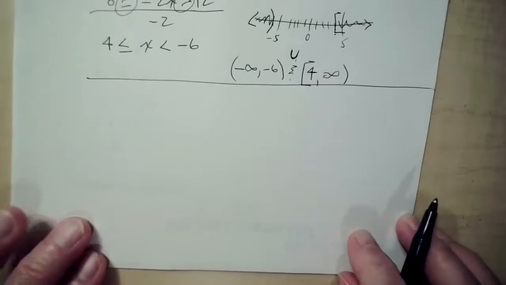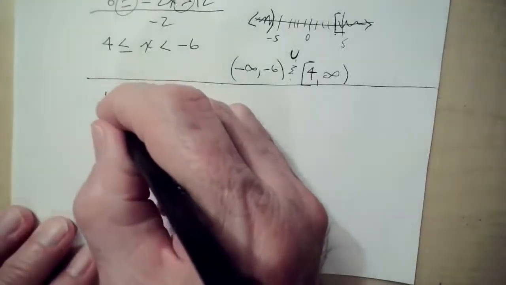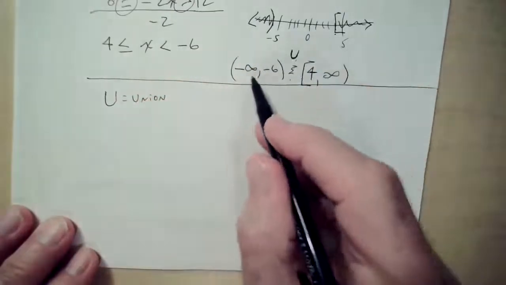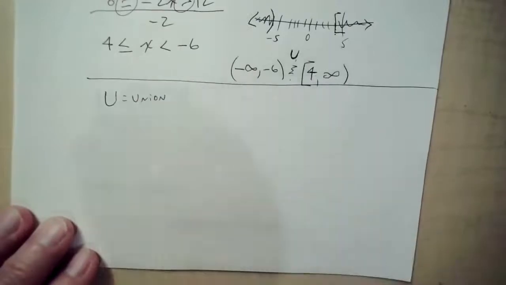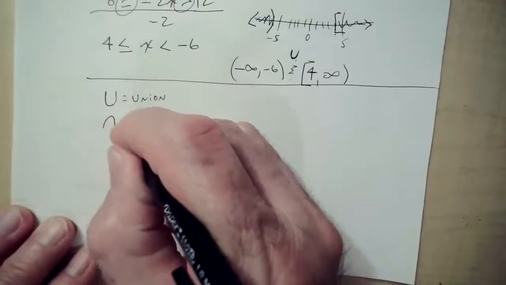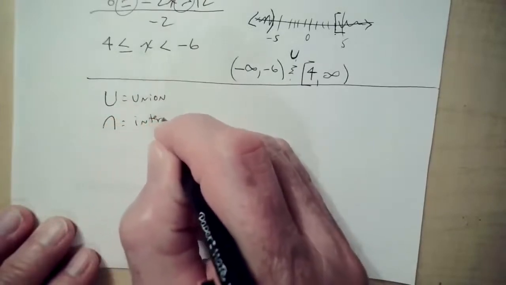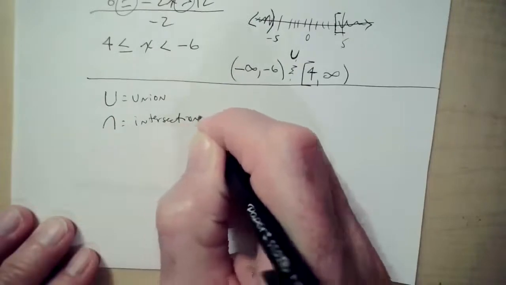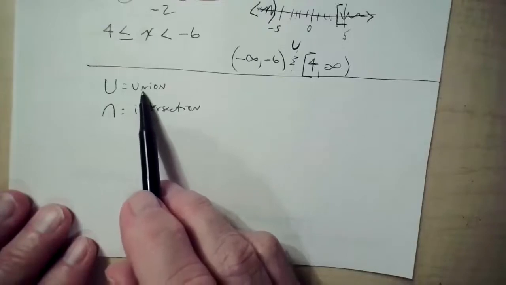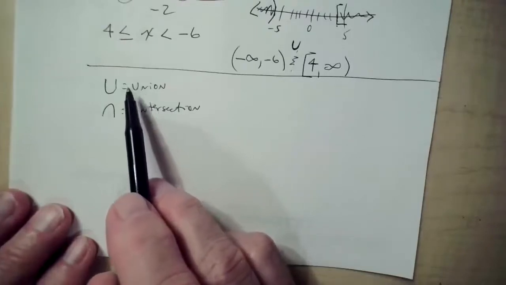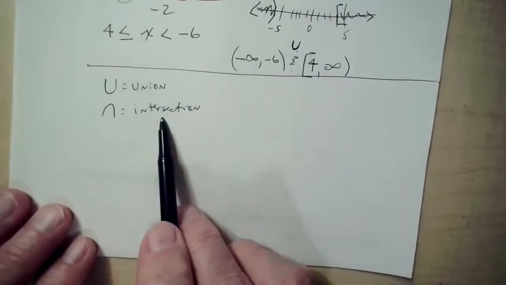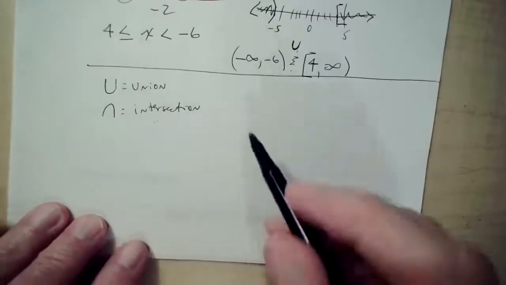Let's look at union and intersection. This is union, which means all of the numbers in either set of numbers. And the other one is the intersection. I just imagine union means or, whatever numbers are in either one of these sets of numbers.